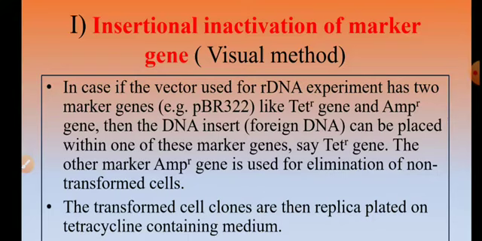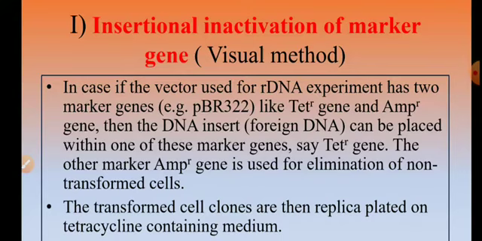If the vector used for the recombinant DNA technology experiment has two marker genes, for example pBR322 has two marker genes, tetracycline resistance gene and ampicillin resistance gene, then the foreign DNA can be placed within any one of these marker genes. Say for example, we are using pBR322 plasmid for cloning, and this plasmid has two marker genes, tetracycline and ampicillin resistance gene.